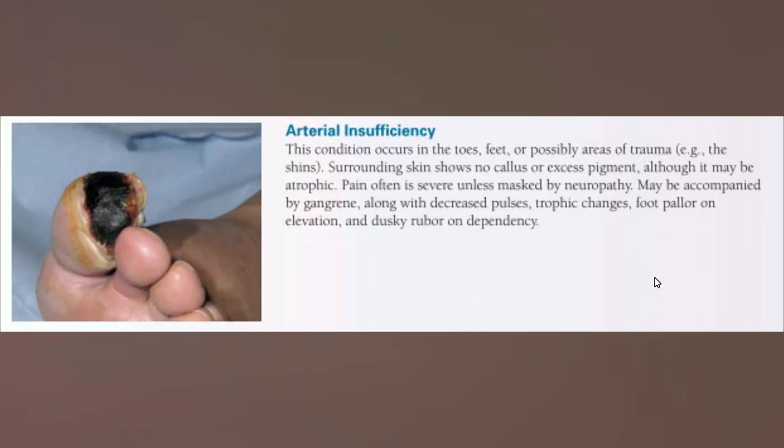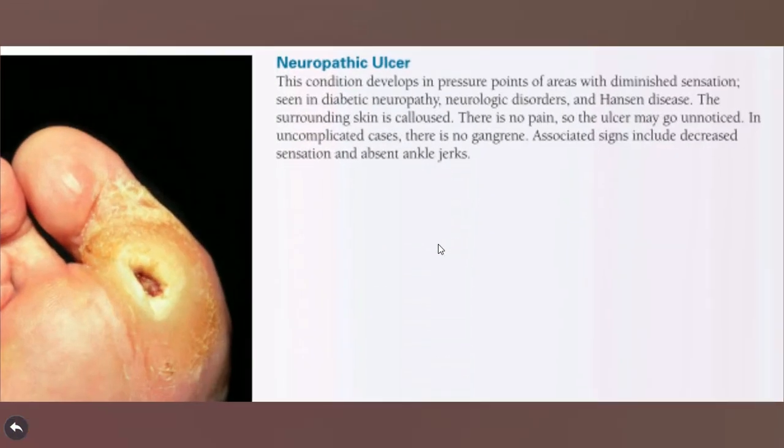For arterial insufficiency, you can have necrotic areas, usually dry gangrene. Neuropathic ulcers, you have to distinguish it. This is due to diabetic neuropathy.